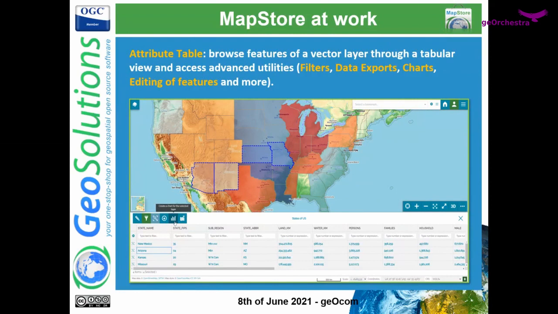The attribute table works on top of the WFS service, so you can filter data. You can also filter data by selecting a feature on the map. This is a functionality that we introduced during the integration in geOrchestra. As soon as you filter data or not, you can create charts and export your data, and so on.